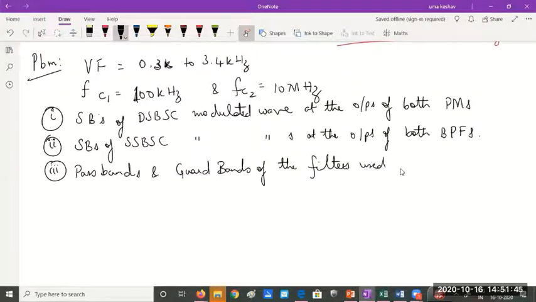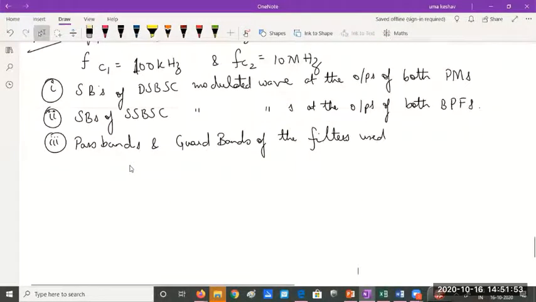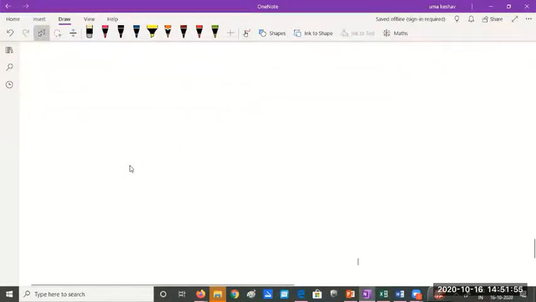Okay. So this is exactly the same problem which we discussed just before. I want you to draw the waveforms. It's very important that you draw the waveforms correctly here.